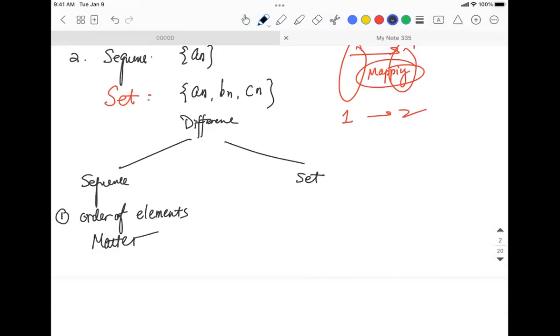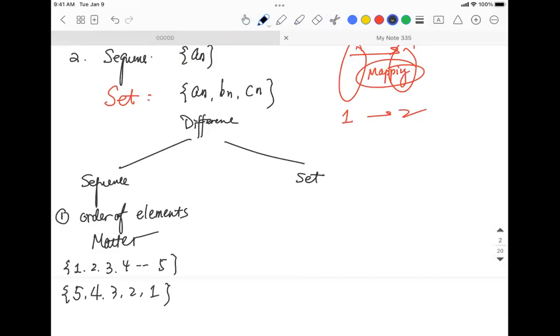Let's say I have a sequence 1, 2, 3, 4, all the way to 5. For instance, this is my first sequence, and my second sequence is 5, 4, 3, 2, 1. These two sequences have exactly the same items, right? However, one is in increasing order, the other in decreasing order.